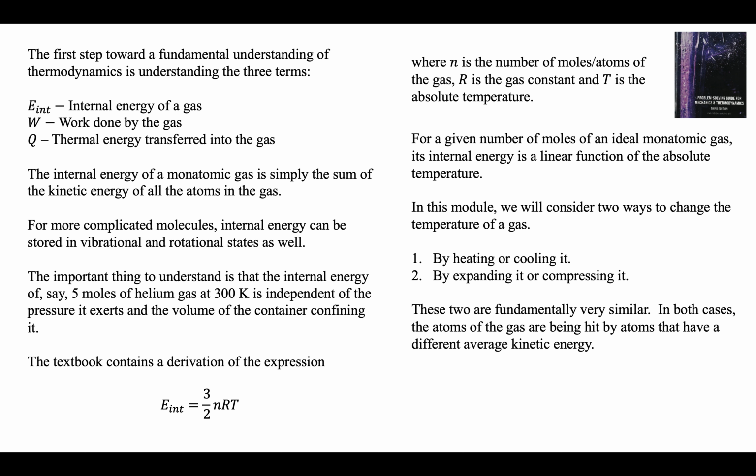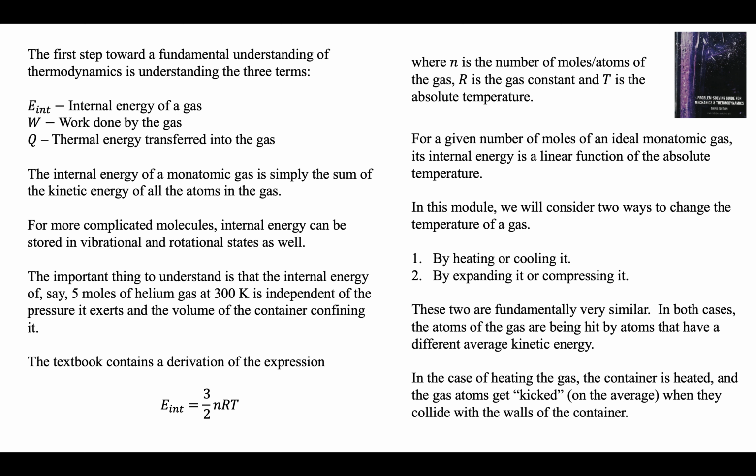In both cases, the atoms of the gas are being hit by atoms that have a different kinetic energy. In the case of heating the gas, you heat the container, and then the gas atoms get kicked because the atoms in the walls of the container have a high kinetic energy. So they give that kinetic energy to the gas atoms when they collide.